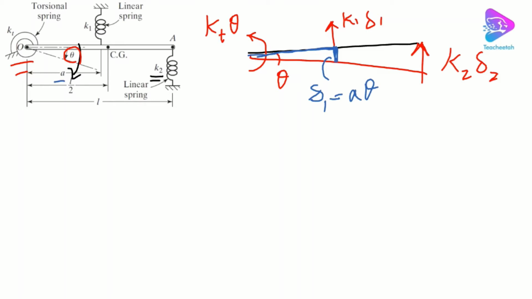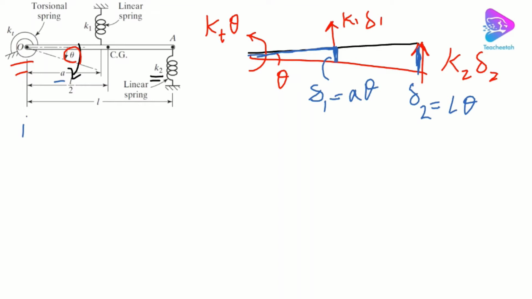Where A is the distance from the pin point to the location of the spring. For the other one, delta 2, which is here, it is nearly equal to the whole length times theta, right? Again, it is actually the tan or sine theta, but for a small angle.